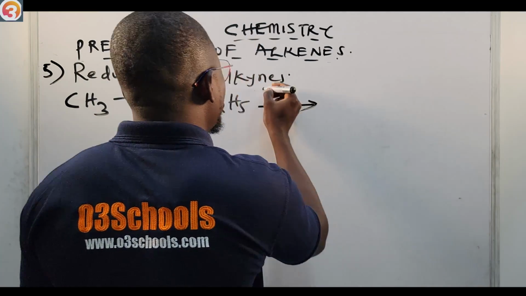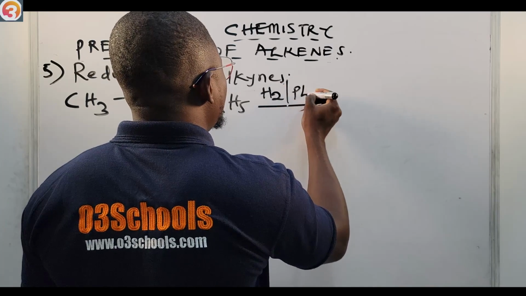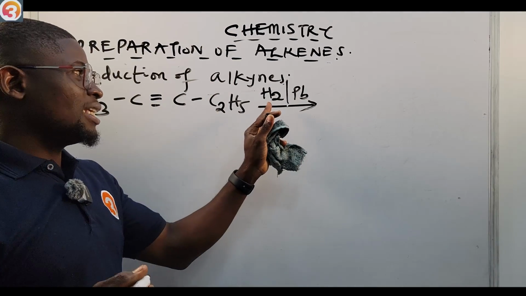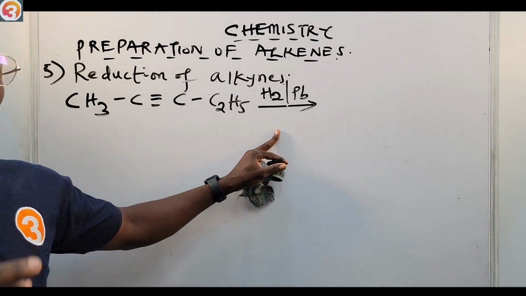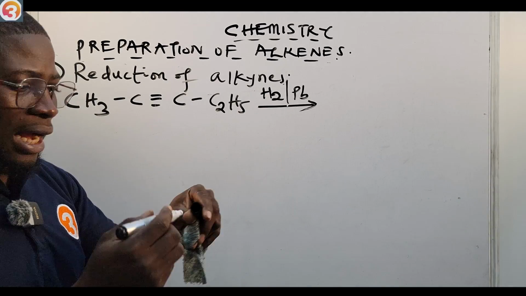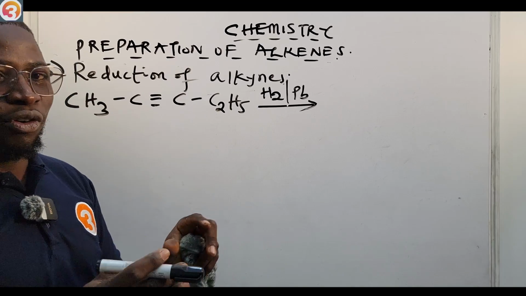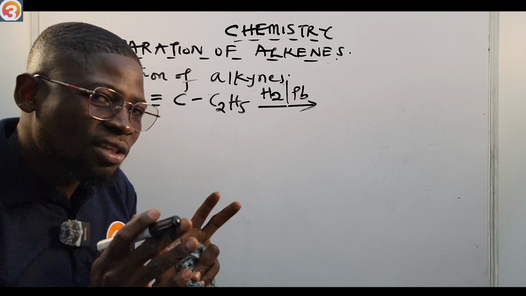Let's say we use H2 and Pb, or nickel and boron. If you use H2 and Pb, or nickel and boron, we're going to have a cis structure.